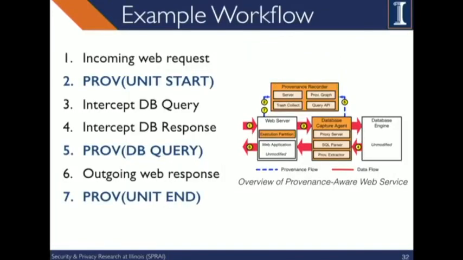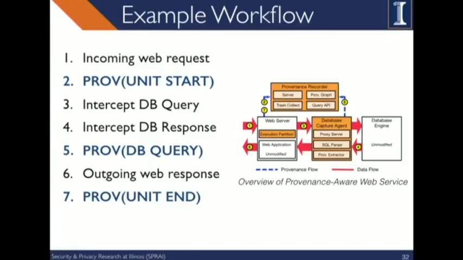So here's an example of how this workflow might be modified. Just like before, we have an incoming web request that reaches our web server. A single line of code inside of our web server before the application code is reached notifies our provenance record that a new unit of work has started.